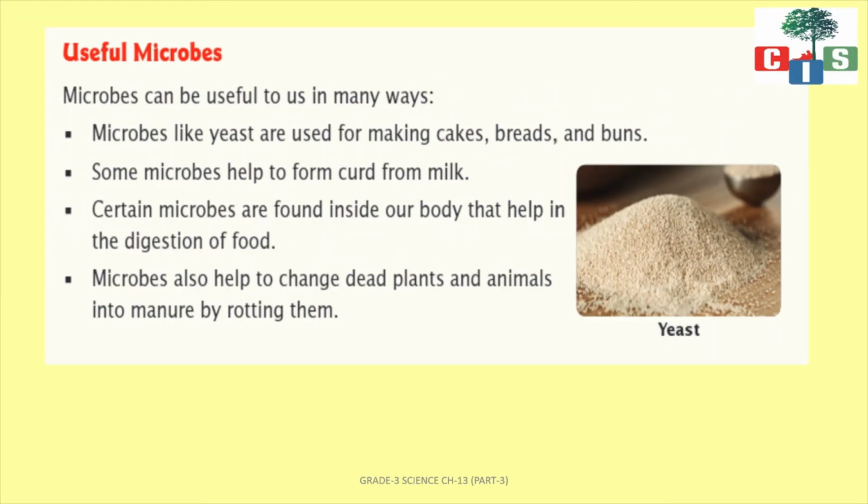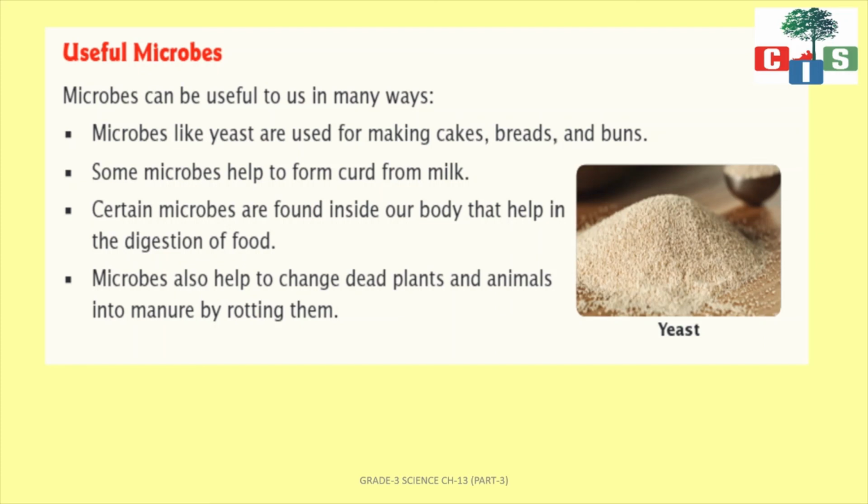Now we will talk about some useful microbes. Microbes can be useful to us in many ways. Microbes like yeast are used for making cake, bread, and buns. Then some microbes help in the formation of curd from milk. Then certain bacteria found inside our body help in the digestion of food.